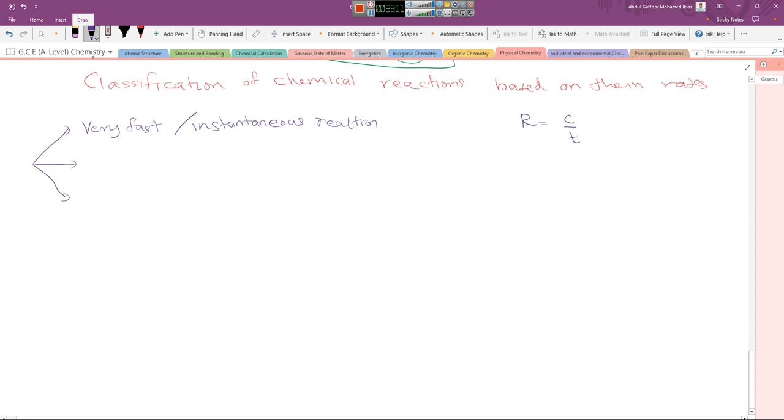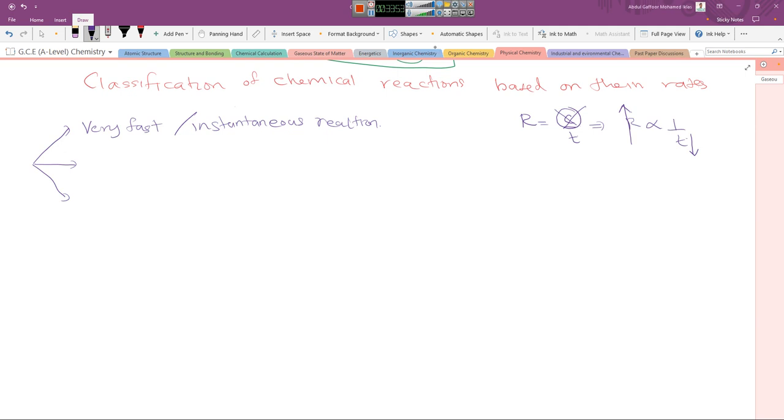Here the change is constant, that is what we are going to study. We have two methods for determining rate. The first one is by measuring the time taken for a particular amount of change. Here the change is constant, so R is inversely proportional to time. When the time decreases, the rate will be high, right? So a very fast or instantaneous reaction means the time is very less and the rate is very high.